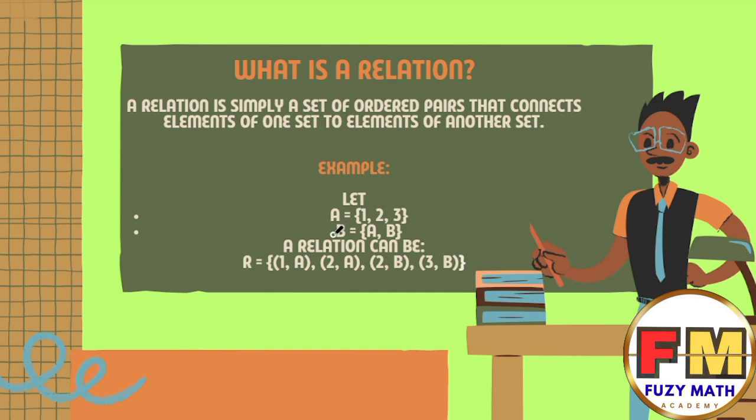Example, let A equal to {1, 2, 3}, B equal to {a, b}. A relation can be R equal to {(1,a), (2,a), (2,b), (3,b)}. This is a relation.